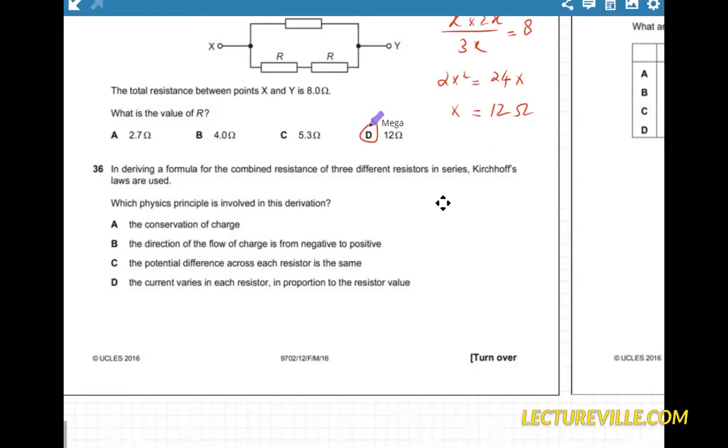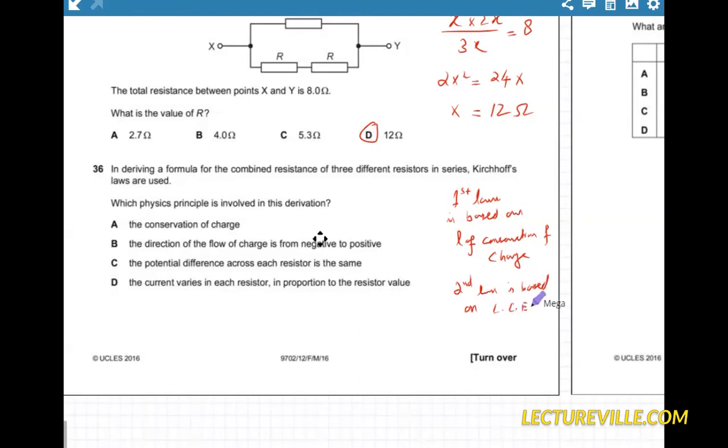The first law is based on the law of conservation of charge. The second law is based on the law of conservation of energy.